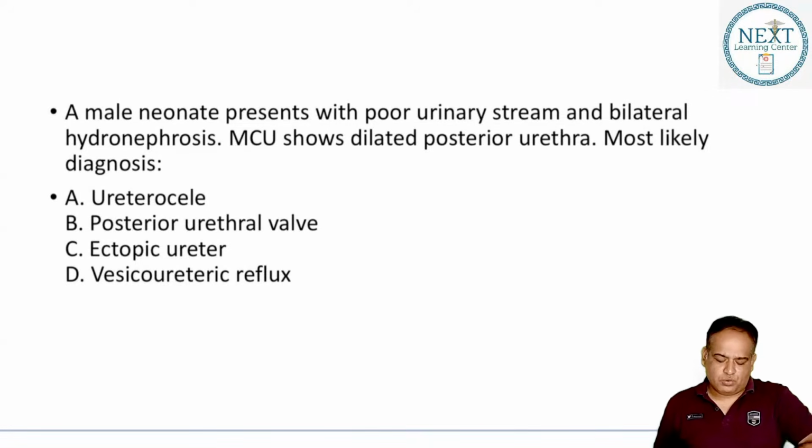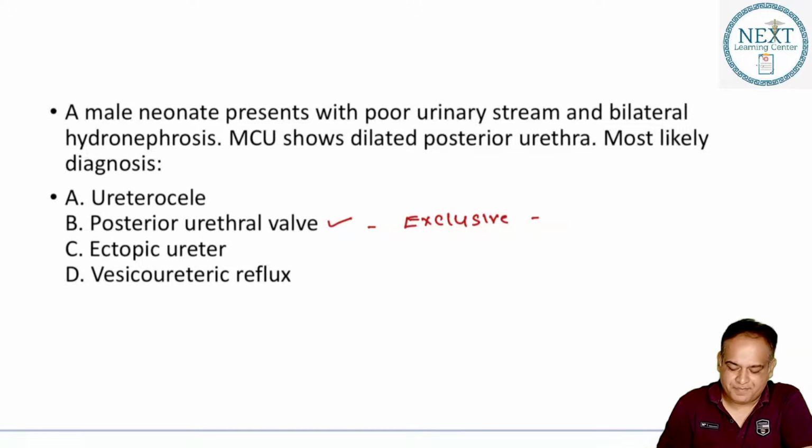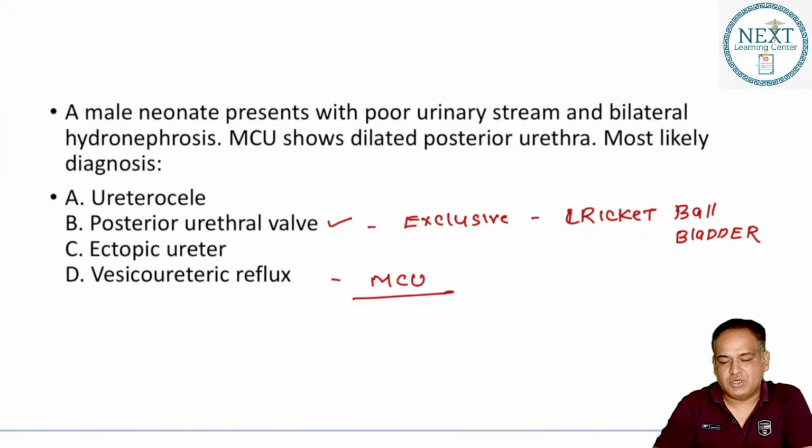Very simple, laddu question. A male neonate presents with poor urinary stream and bilateral hydronephrosis. MCU shows dilated posterior urethra. So the diagnosis is posterior urethral valve, an exclusive anomaly of the male urethra. Then cricket ball bladder. Which investigation will you perform?